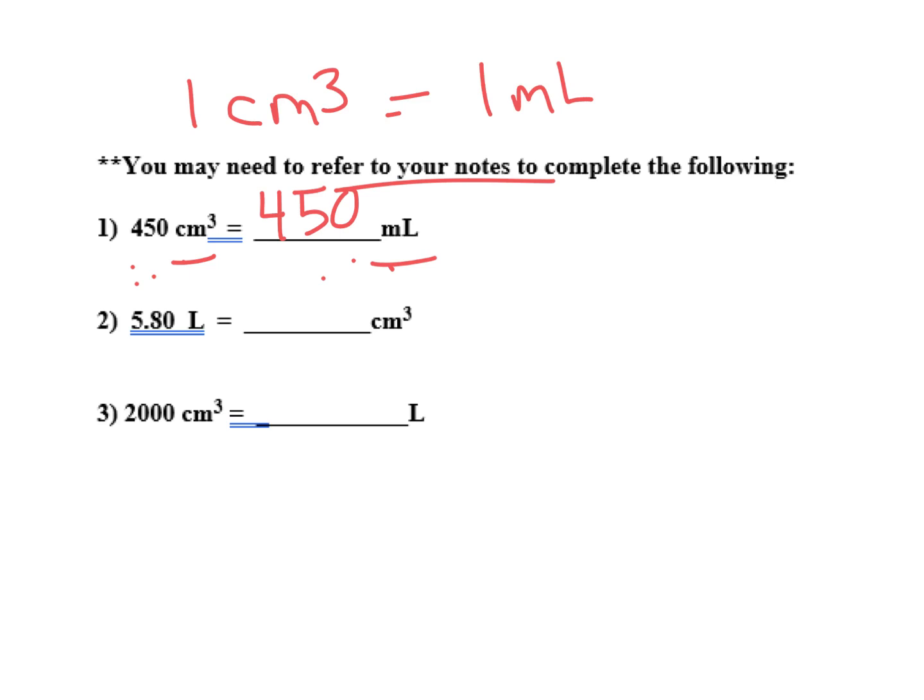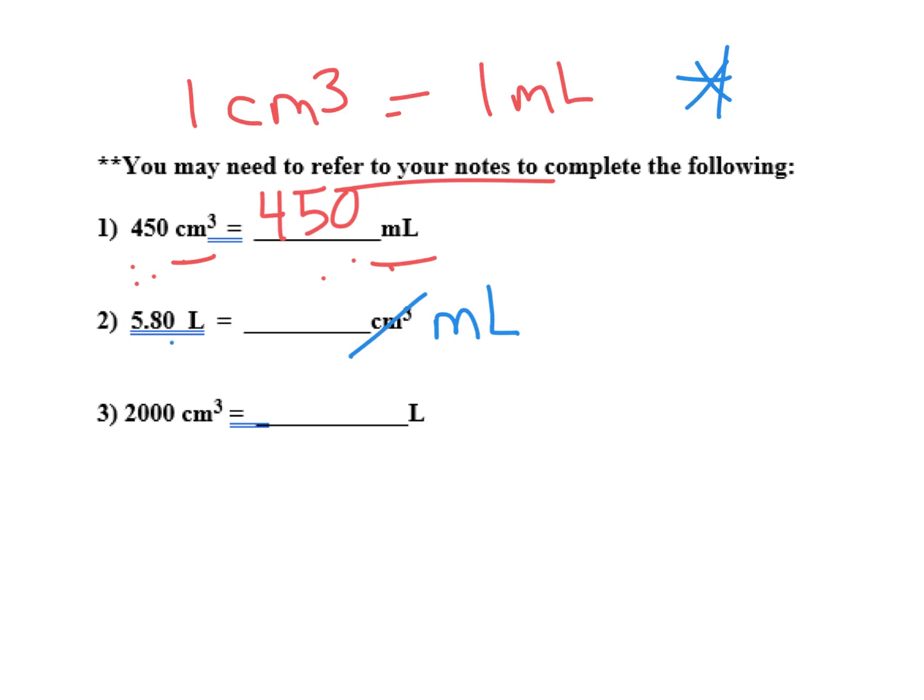Number 2. 5.8 liters is how many centimeter cubed? Well, look at the charts. It doesn't seem to match. But if you substitute based on your knowledge of this, oh, a centimeter cubed is the same thing as a milliliter. Now you can look at your chart.